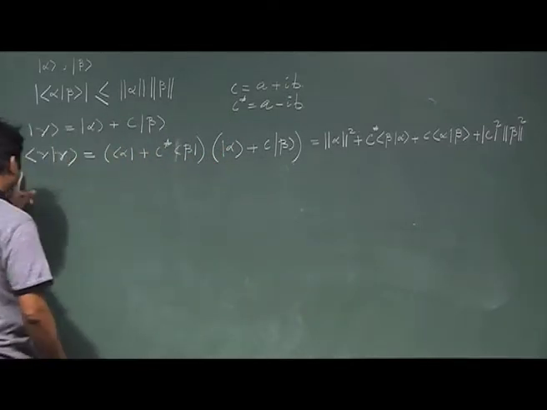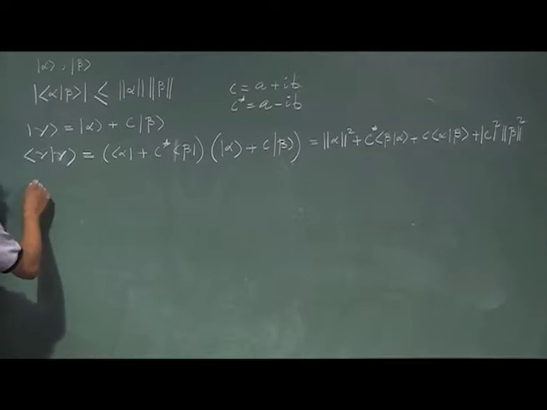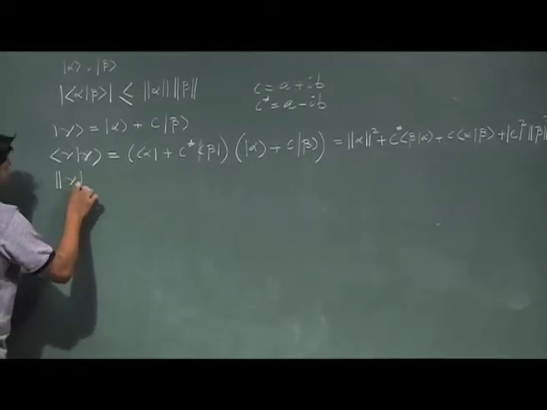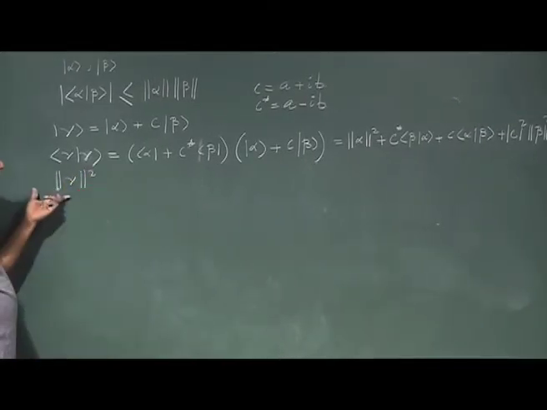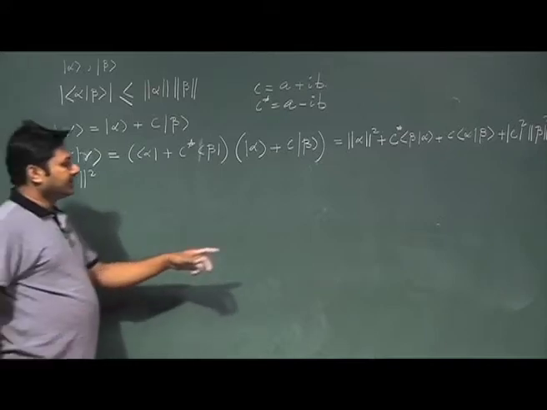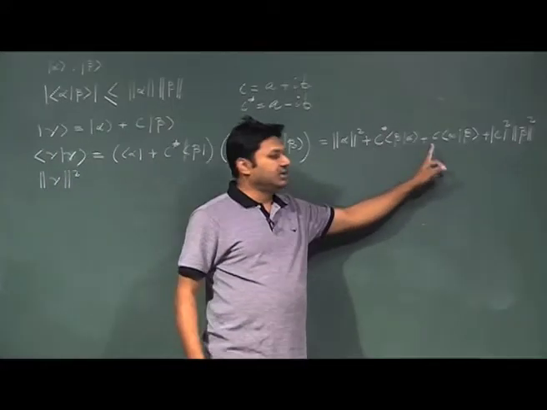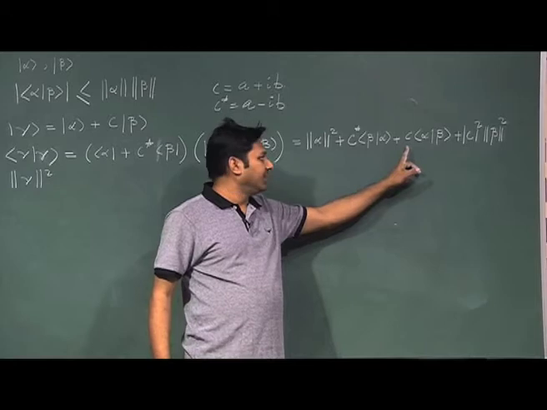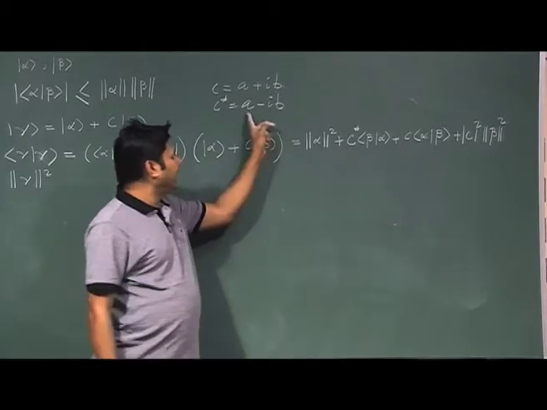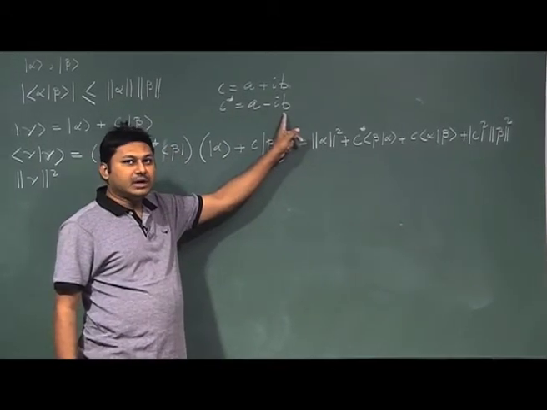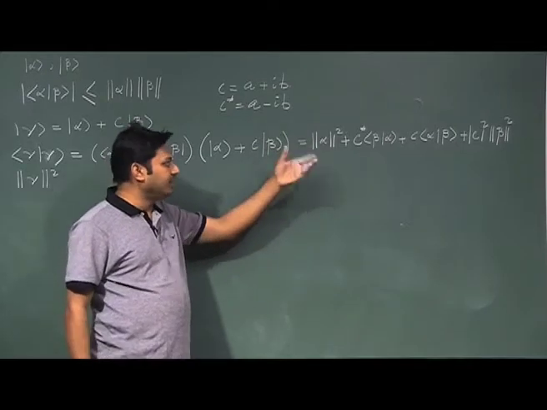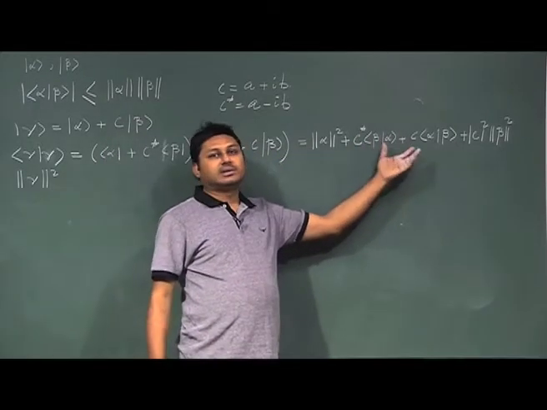On the left hand side I will have this, which is essentially the norm square of this quantity. It depends on the value of c, which contains a and b, and a and b are according to my choice. So I can change a and b in such a way that I can manipulate this quantity.